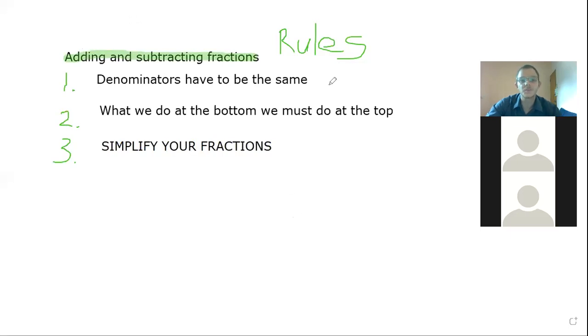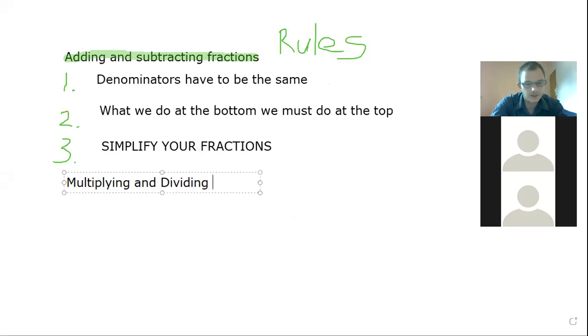What about multiplying and dividing fractions? What are our rules when multiplying and dividing?